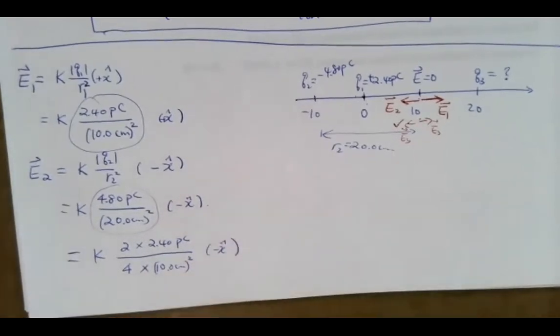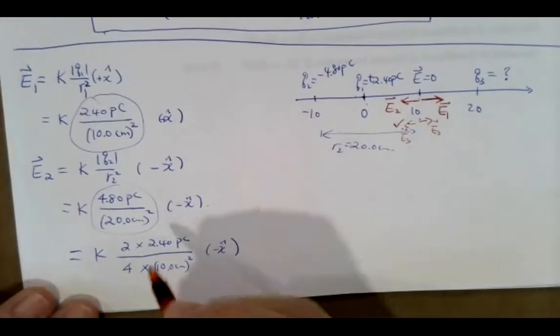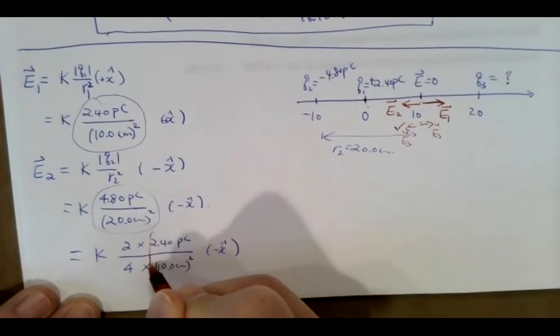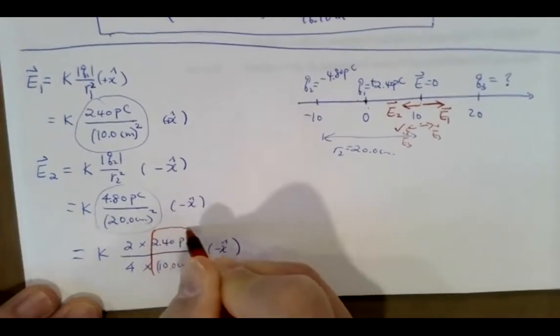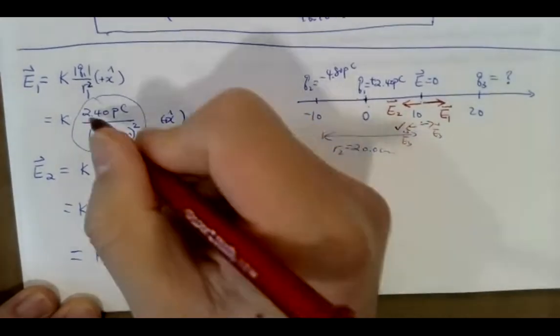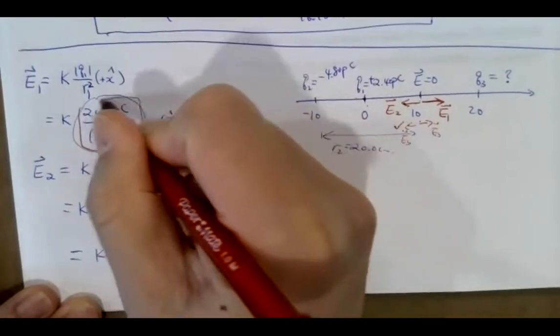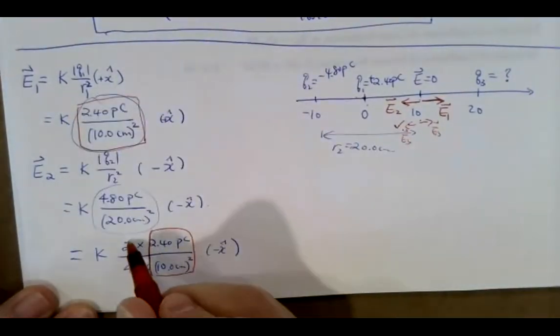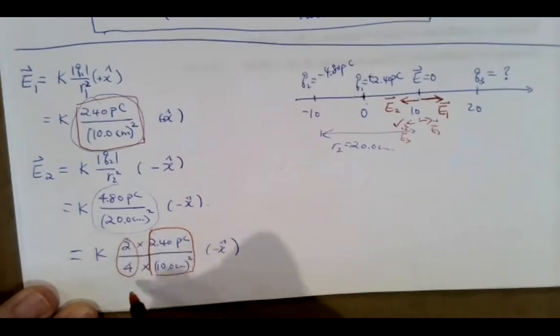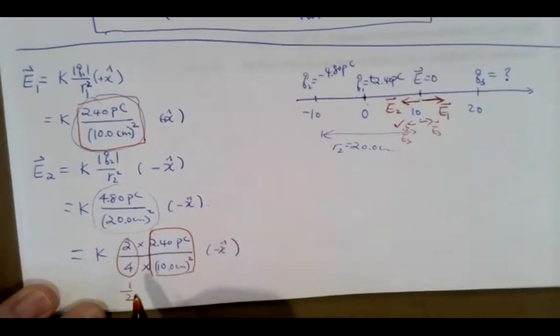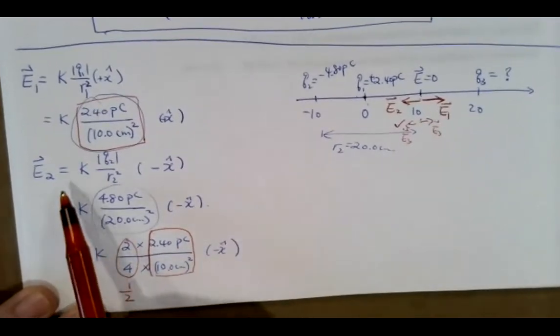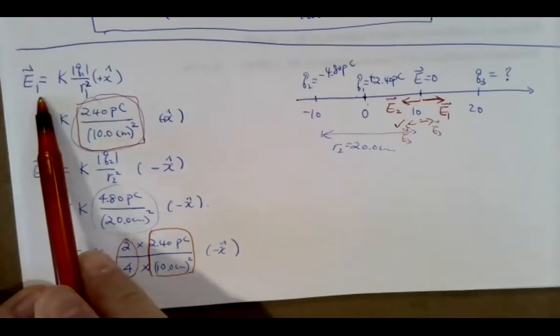And direction, you can still write it down there. This part is the same as there, and then this will be 1/2, right? 4 over 2 will be equal to 1/2. So it looks like your E2 magnitude-wise is only 1/2 of E1.